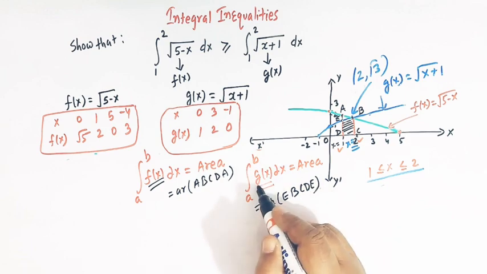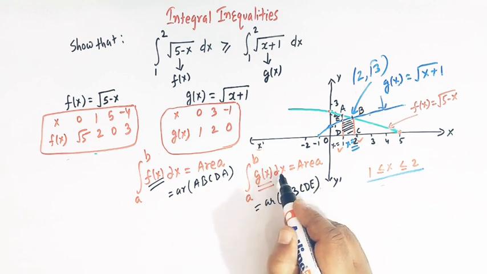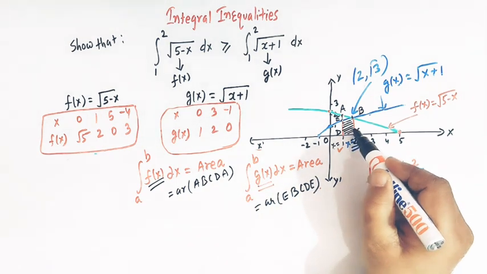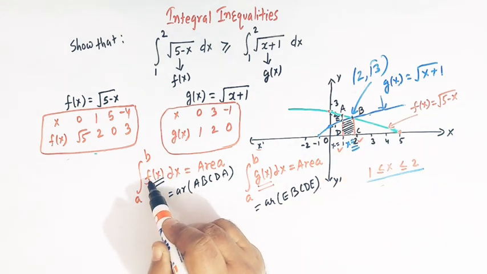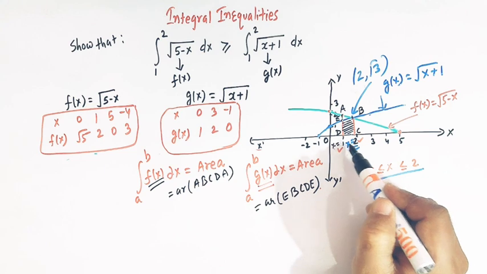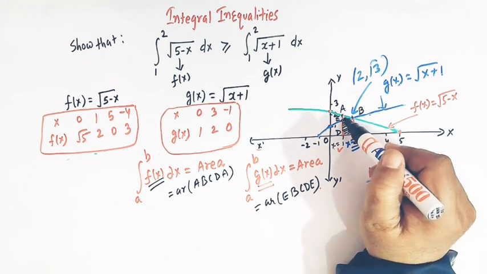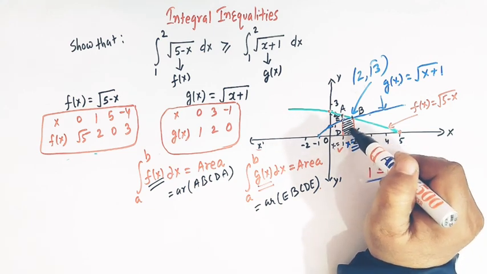So the area bounded by g of x dx is given by this shaded region, and the area bounded by this curve f of x from x equal to 1 to 2 is this additional area including this one, right?